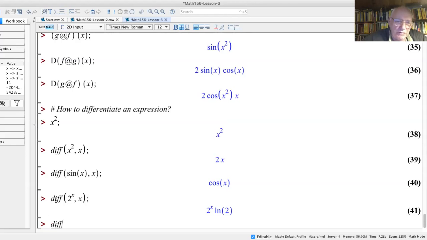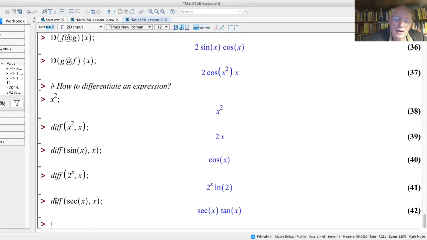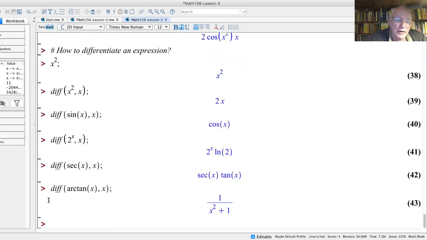What's the derivative of the secant of x with respect to x? Secant times tangent. What's the derivative of arctangent of x with respect to x? 1 over x squared plus 1.